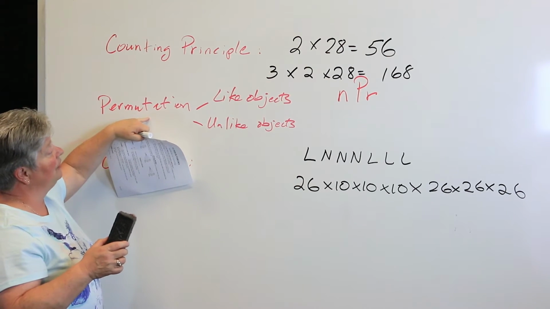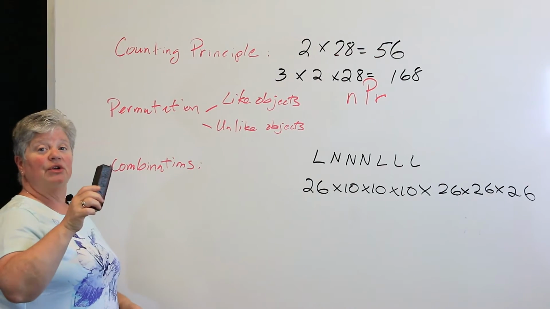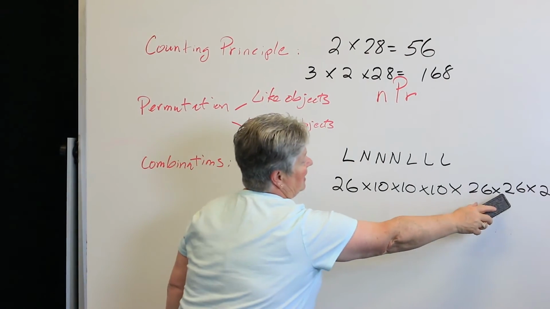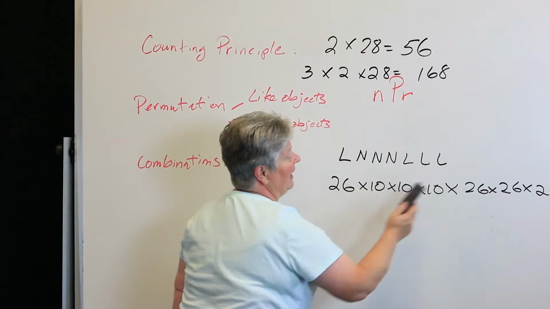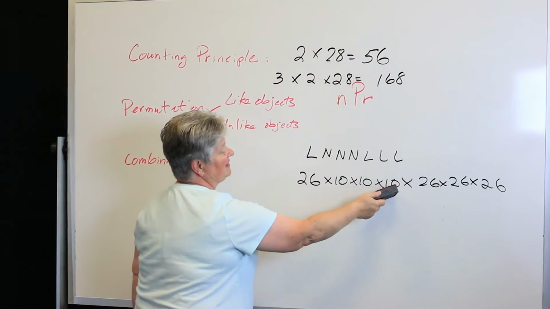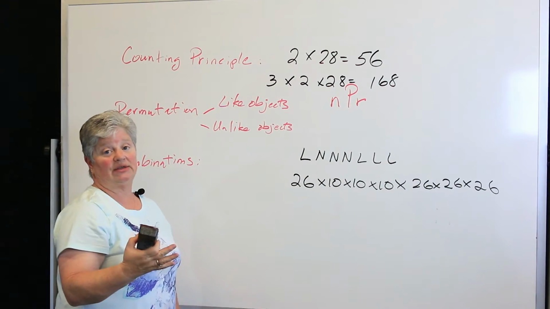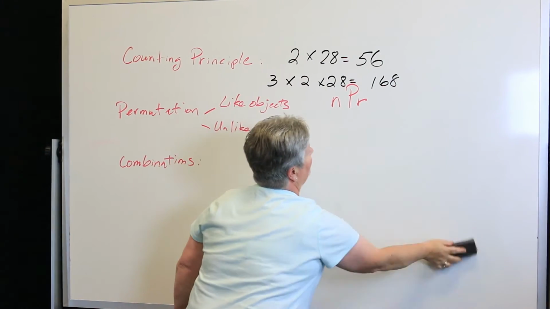counting principle where we are looking at order or specific function as being important. When I had my license plates, it didn't matter whether I had an A here and an A here, or I had a 777. I was able to use those more than once. We get to a permutation, and that's not going to be the case.